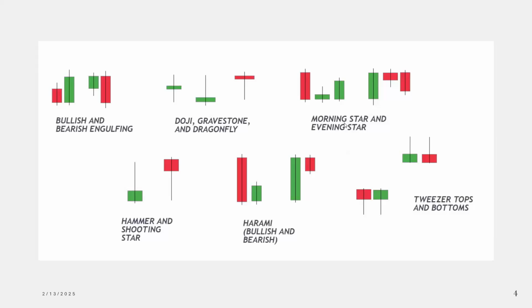Then the morning star and evening star. They are composed of three candlesticks. For a buy, you see a bearish candlestick, then a doji, and then another candlestick that is bullish.